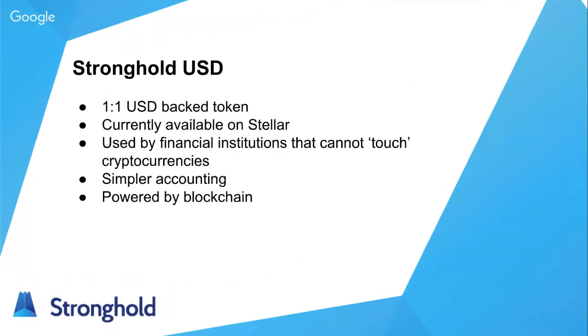We've been running a private beta on Stronghold USD, and through that we have been authorizing public Stellar accounts to hold the funds. So those accounts are able to trade on StellarX, and you'll notice that there are people currently trading the US dollar.